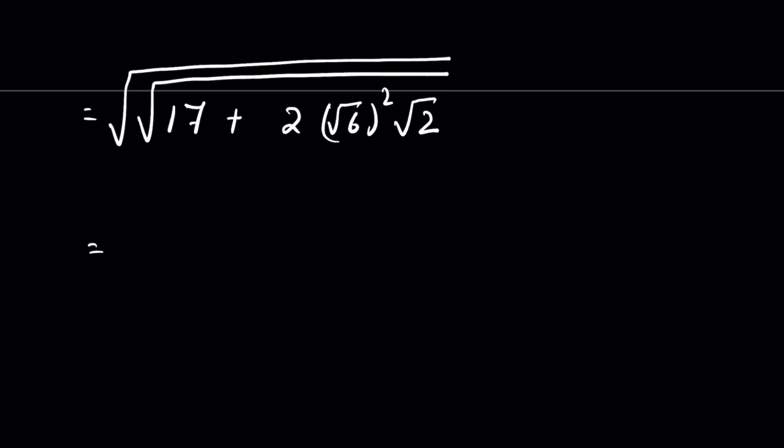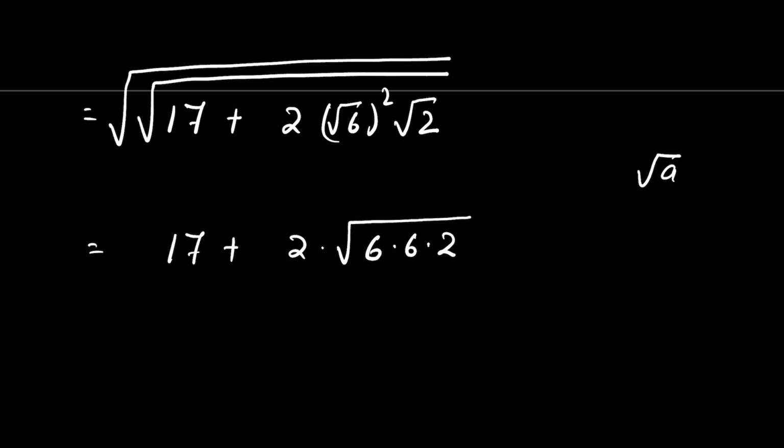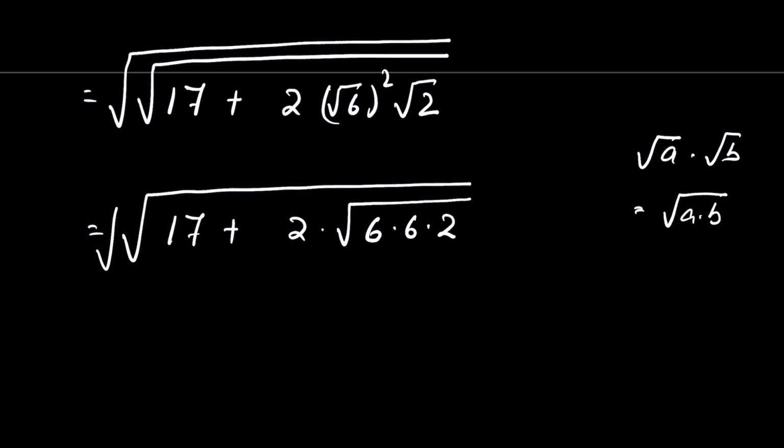Or 17 plus 2 times the square root of 6 times 6 times 2, because the square root of a times the square root of b is equal to the square root of a times b, then under a square root.